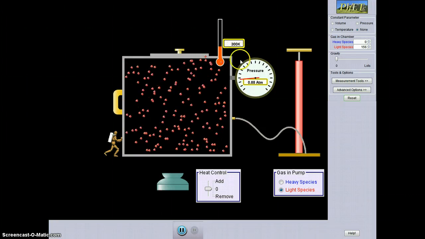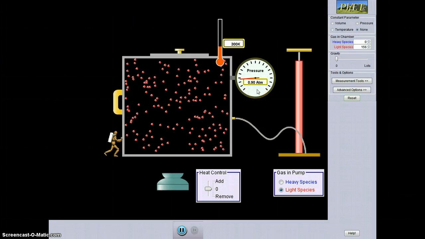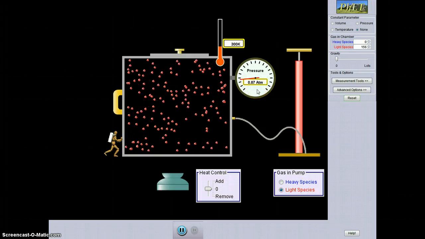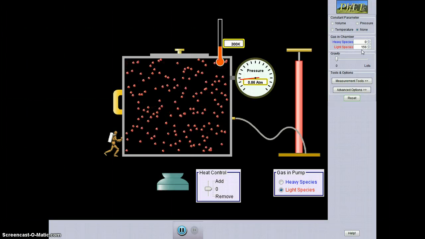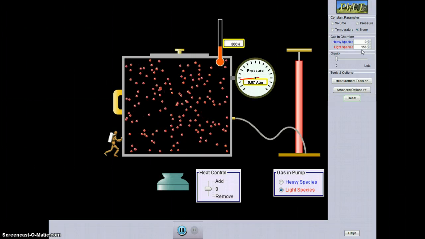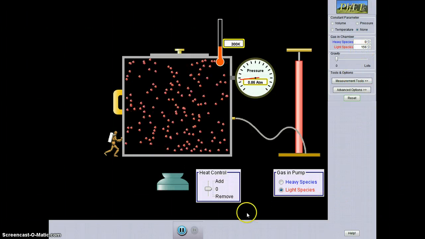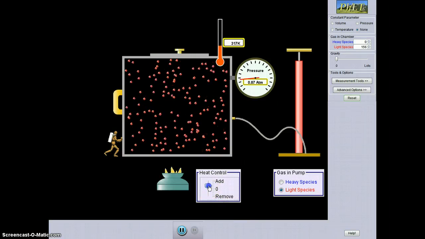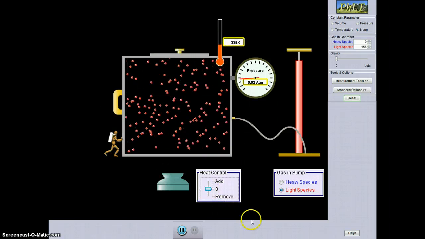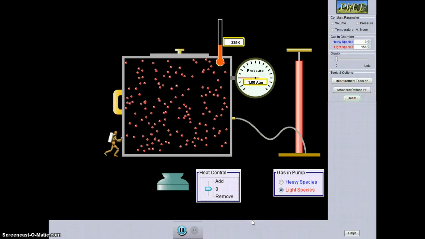Temperature is 300 Kelvin. Pressure is in atmospheres, nearly an atmosphere, about 0.9. And it tells you how many molecules of gas you have, 156 in this particular case. Some things you can do to show and understand the relationship: if you add heat, what you see, of course, is that the temperature rises.